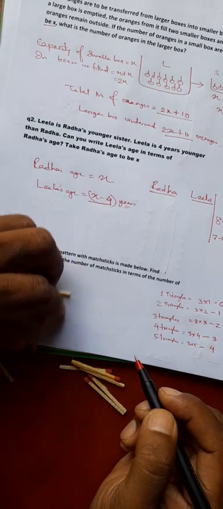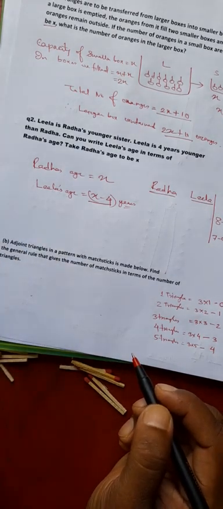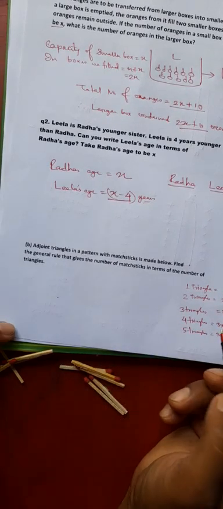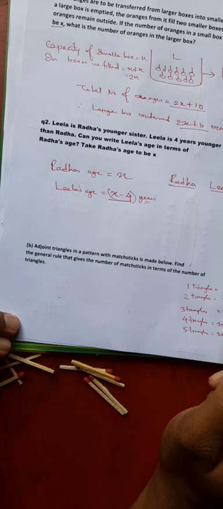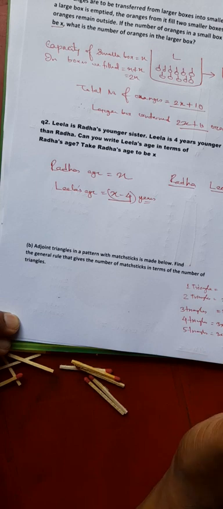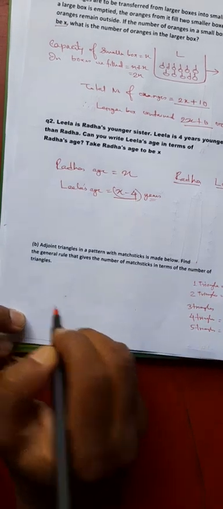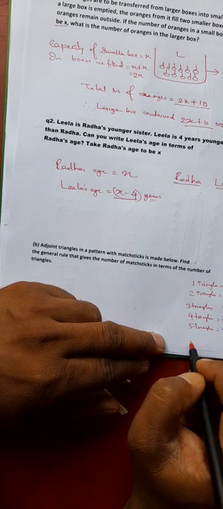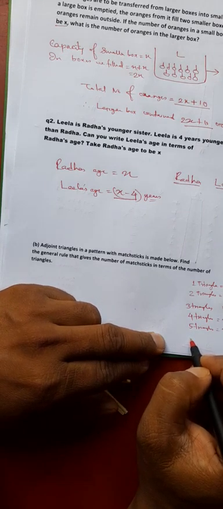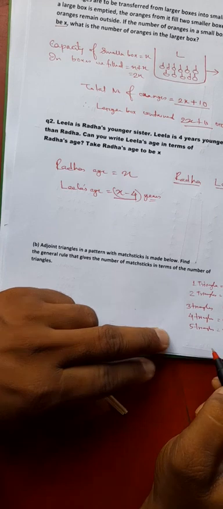Now you try to explain this in terms of mathematics. So in terms of variables, say in the first column, you see it is 3 only, right? In the second column, it is varying 1, 2, 3, 4, 5, right? So what we understood is, if you consider x number of triangles, then what would be the situation?